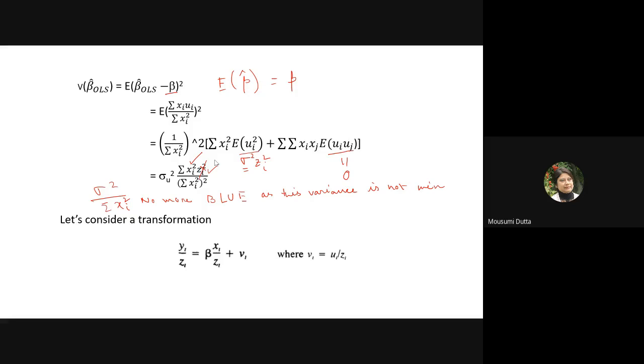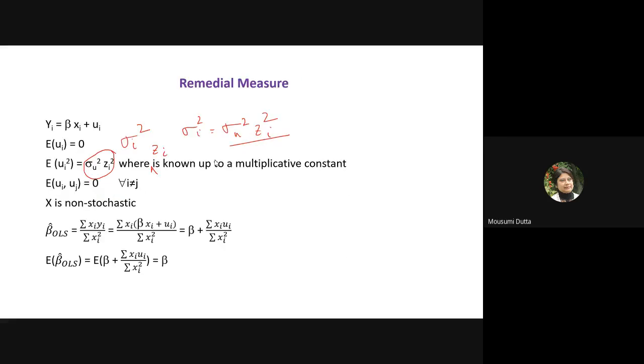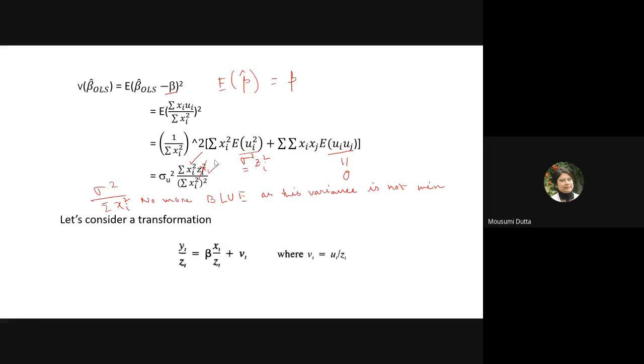Now in this context, we are considering a transformation. Now what is this transformation? Our multiplicative factor was Zi square. So what we are doing, we are taking square root and then we are deflating the original regression by that term.